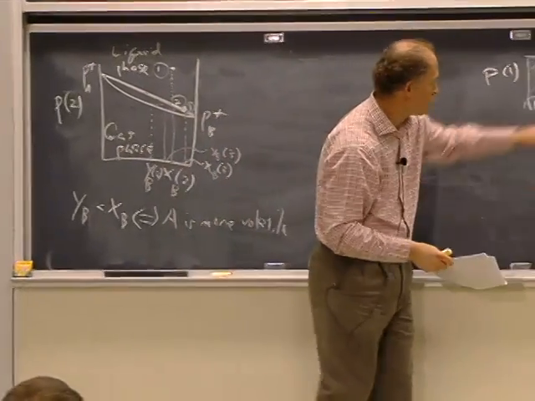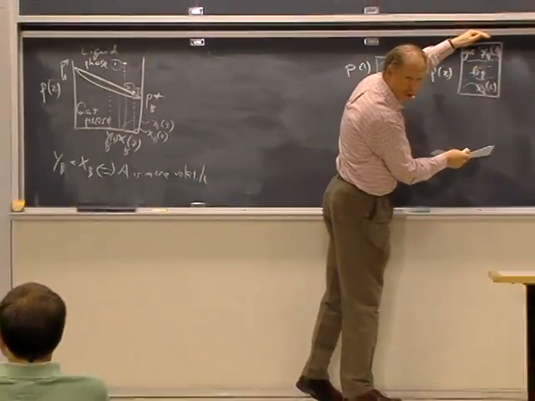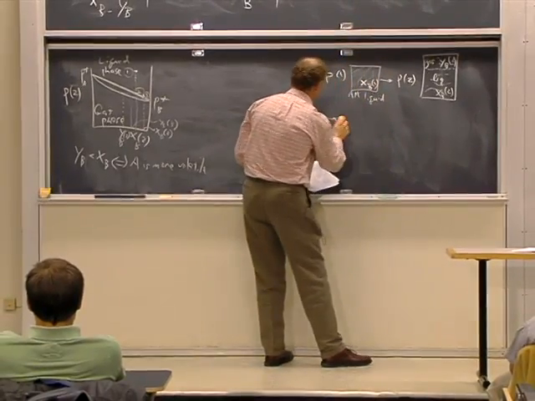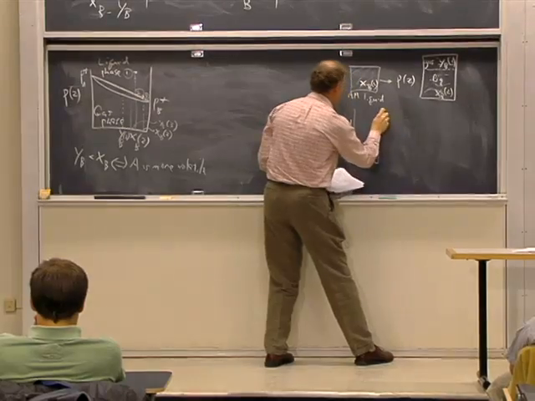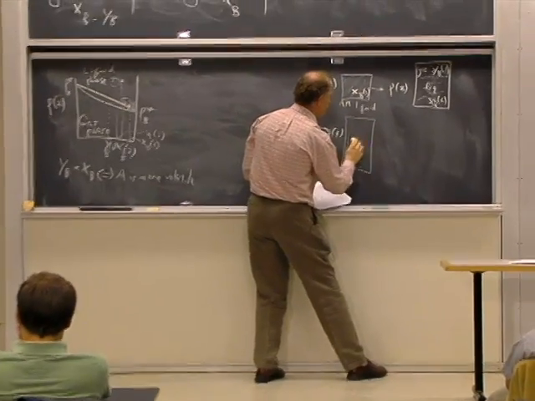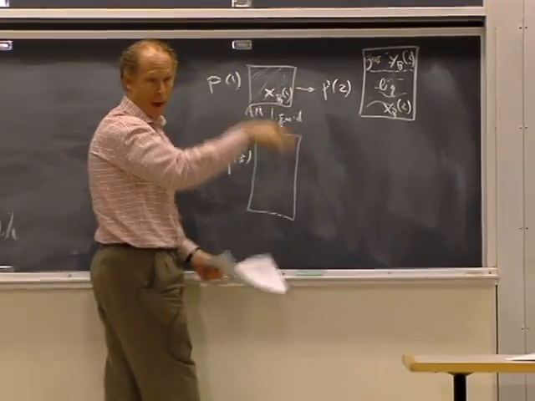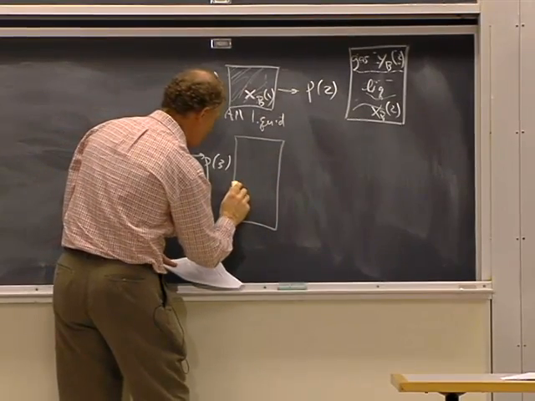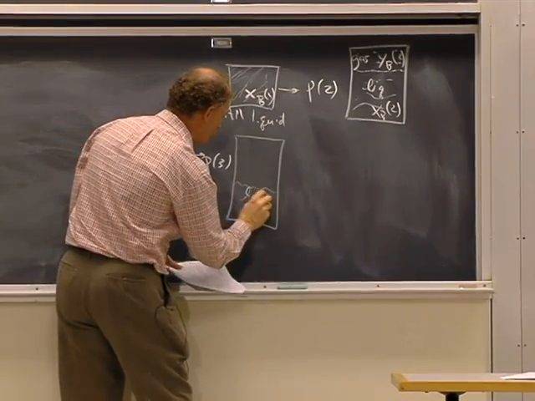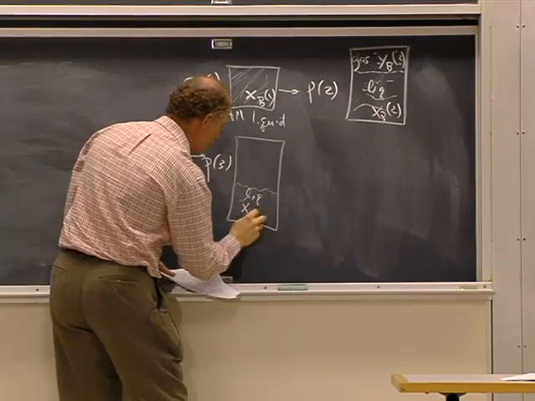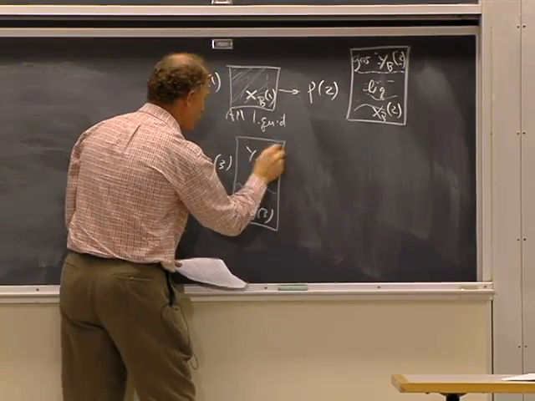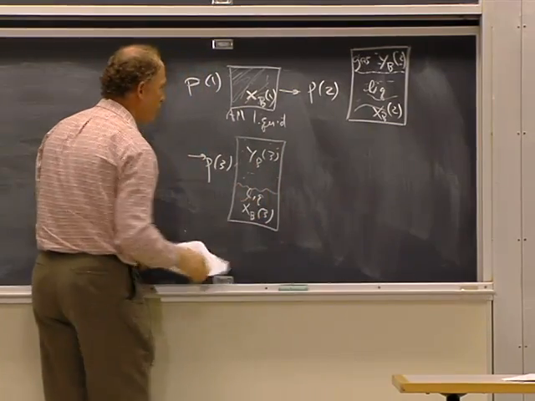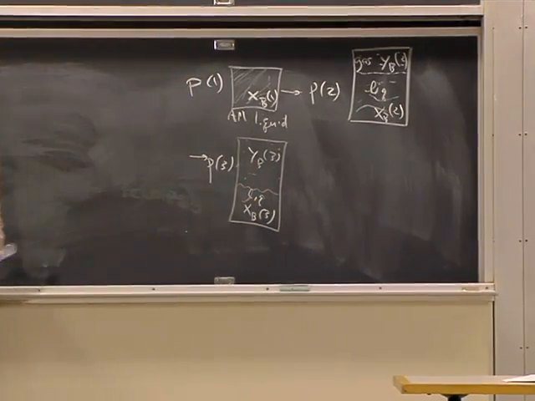And all we've done, of course, is we've just expanded this further. So now we've got a still taller box, and the liquid is going to be a little lower because some of it has evaporated to form the gas phase, right? So here's XB 3, here's YB at 3, right? And here's the gas phase. Okay?